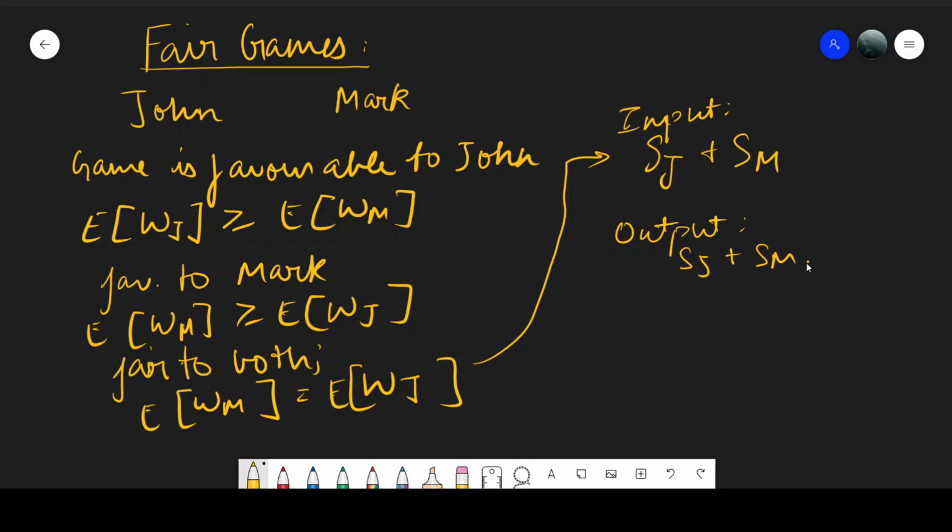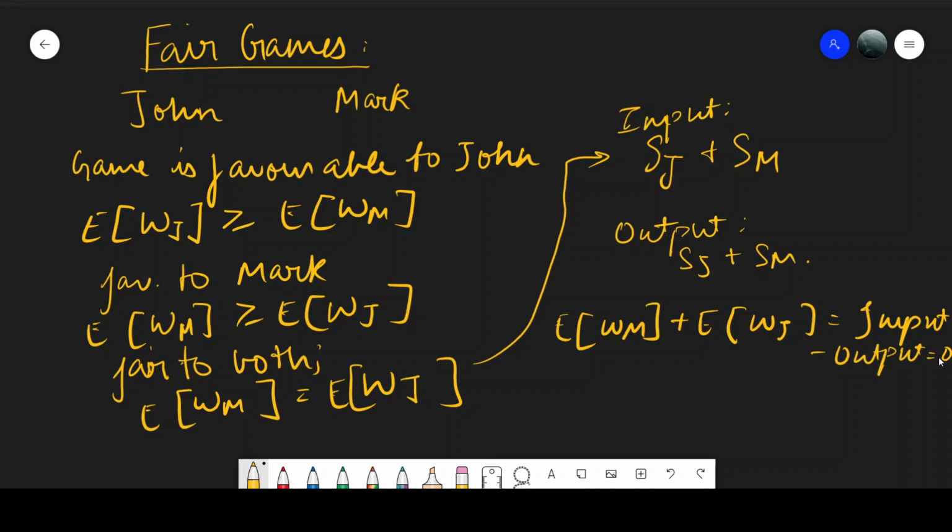This means the game is a zero-sum game. I can write it as the expected winning of Mark plus the expected winning of John is equal to input minus output, which will be zero. So a zero-sum game is a fair game if and only if the expected winnings of each player is zero.